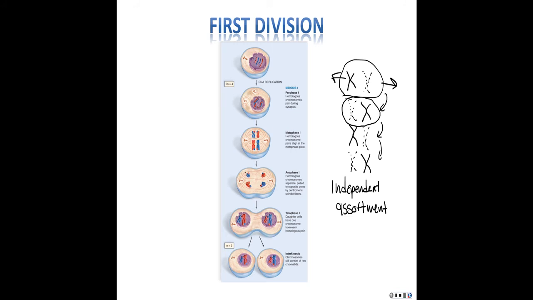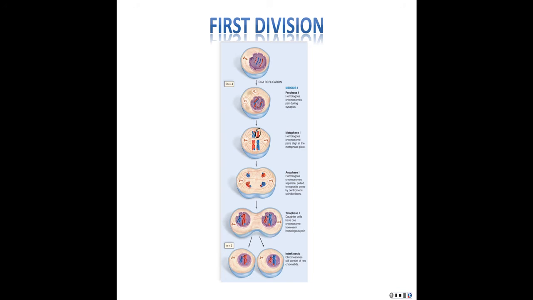So you can see that action here. In this scenario, this chromosome went left and this chromosome went right. However, in another scenario, this could have been over here instead and went this way. So this cell could have gotten either this blue one or this red one. It's random. You can see here that this blue one and this red one make up this cell.